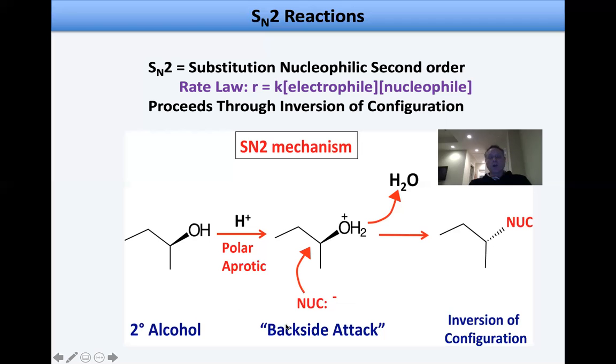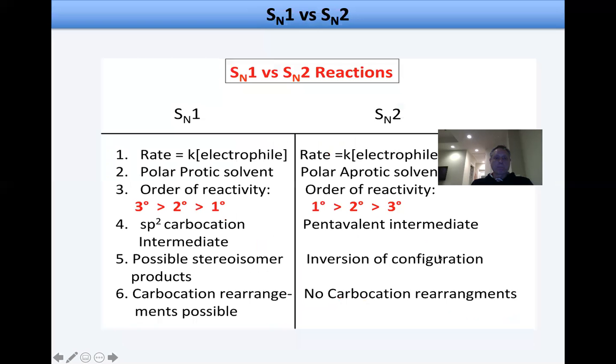So as a consequence, the nucleophile gets to the backside attack here, you form a transient pentavalent intermediate, and since you come from the back, you make a substitution product where you've replaced the OH and you now have the nucleophile bound, but the configuration has been inverted. So if this was an R, that's now an S, or vice versa.